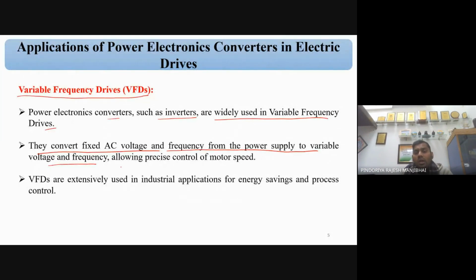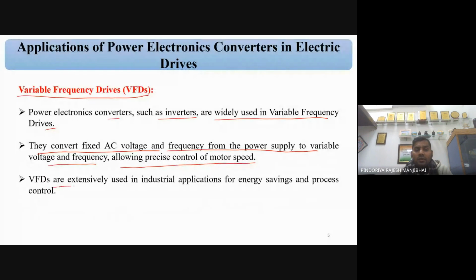This allows precise control of the motor speed, because ultimately we have to control the motor speed, otherwise the motor torque. But in 80 to 85% of cases we have to control the speed of the motor. That's why we are working on control algorithms; various control algorithms are available in the market to control the speed of your motor, correct?